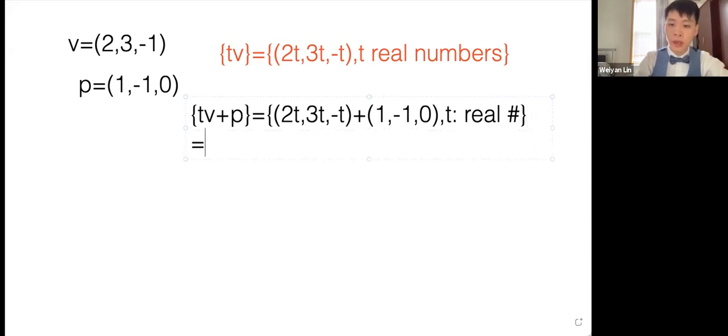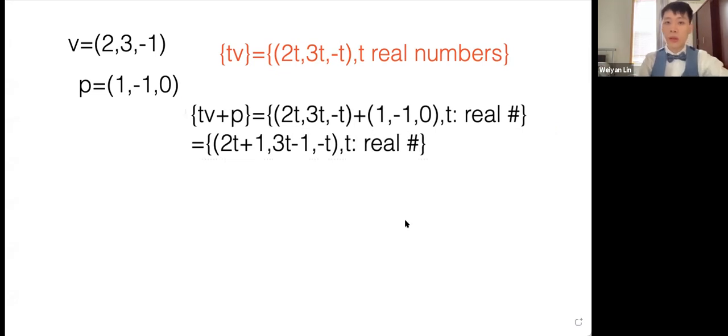We simplified it, so it's just 2t plus 1, 3t minus 1, and then minus t plus 0, which is minus t. So this is a representation for the line parallel to the vector v and passing through the vector p.